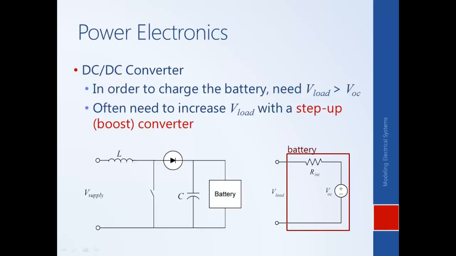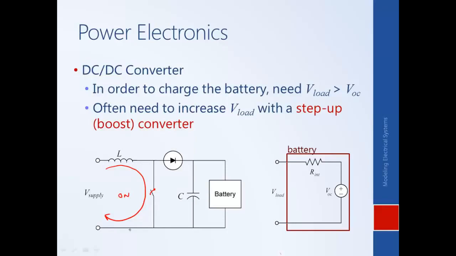The way that it works is that we close this switch, and when we do that, the current flows through the circuit in this manner. We call this the on state, when the switch is on or closed.